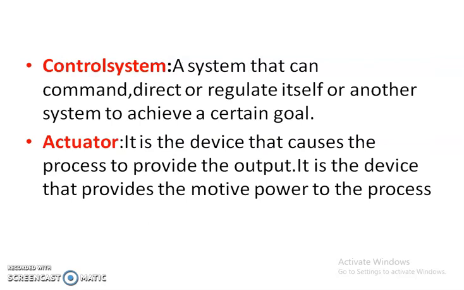A system that can command, direct or regulate itself or another system to achieve a certain goal. Next one is actuator. It is the device that causes the process to provide the output. It is the device that provides the motive power to the process.